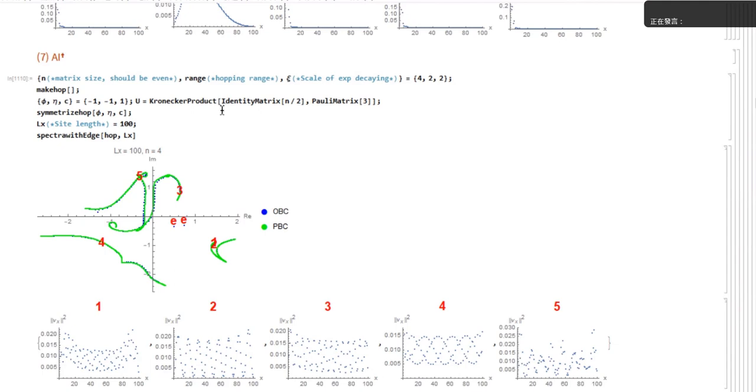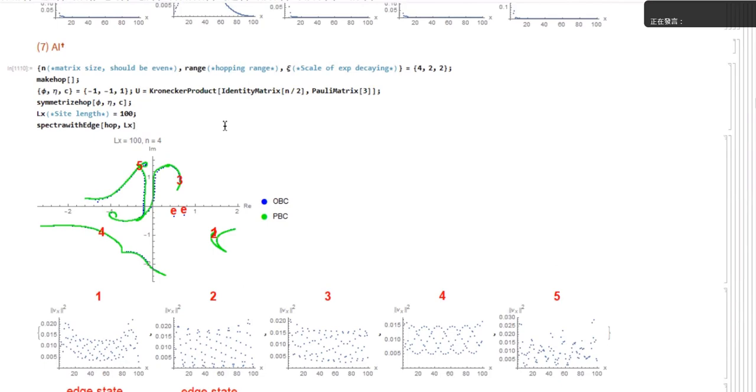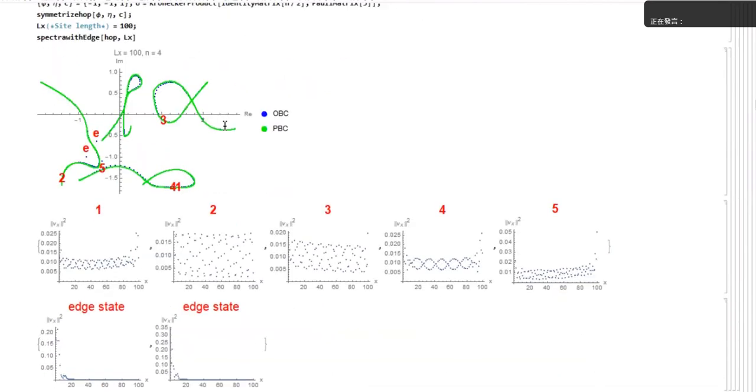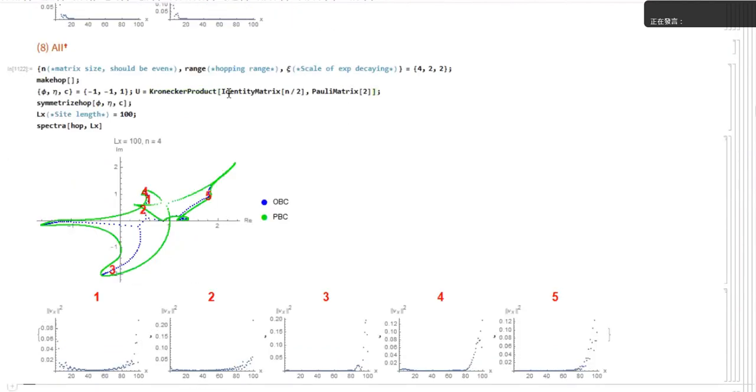Then numerically we find that there's a discrepancy between the open boundary spectrum and the closed boundary spectrum. And this is another type of transpose symmetry.